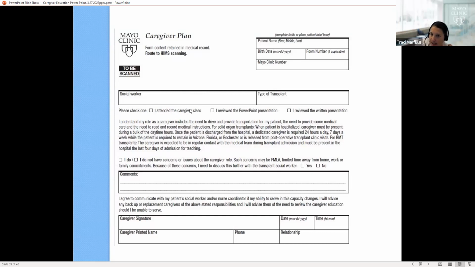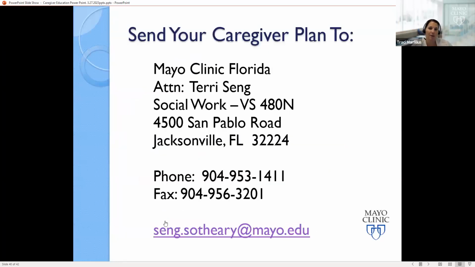You would check that you attended caregiver class and then read this. Put if you have questions or concerns, any comments, you would sign it and return it. Now, how do you return it? You can return it by mail, you can return it by fax, or by email, or through the patient portal. This is that information for how to do that.